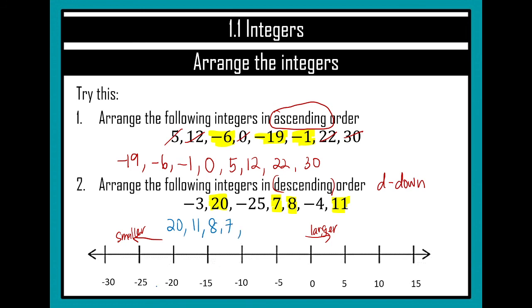Now we have the negative integers left. Among the 3 integers, negative 1 comes first, and then negative 4. The smallest one will be negative 25. So this is how you arrange integers depending on the order, ascending or descending.